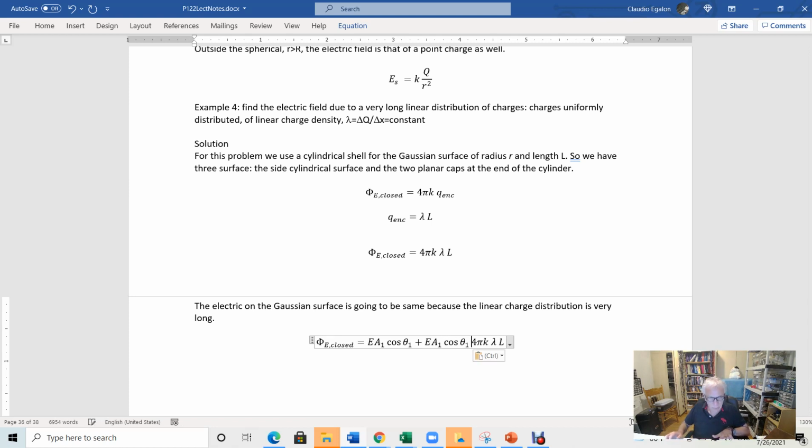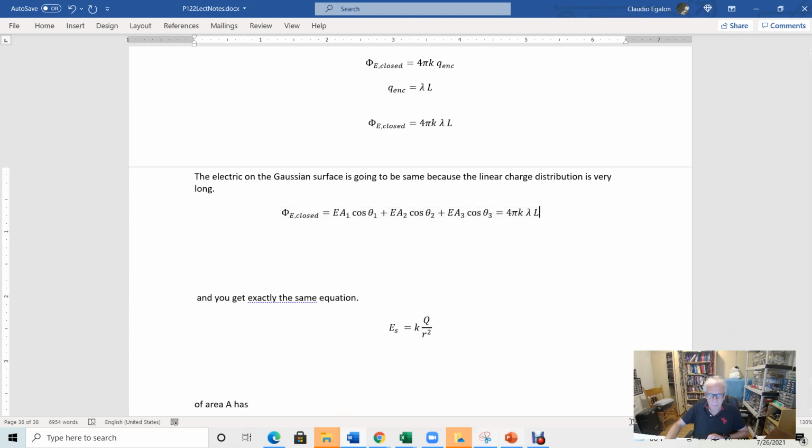Then we have those other two surfaces, the two caps: electric field A2 cosine theta 2, and electric field A3 cosine theta 3. That's how we do it step by step. Don't forget the closed surface is equal to this right in here.